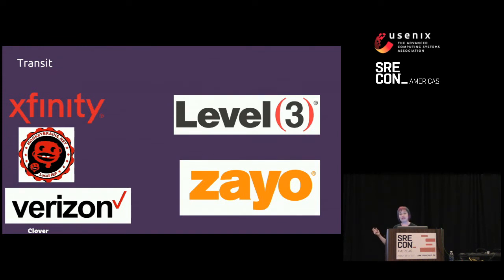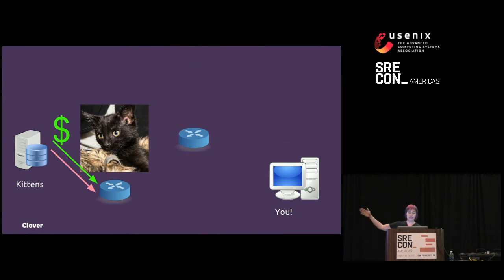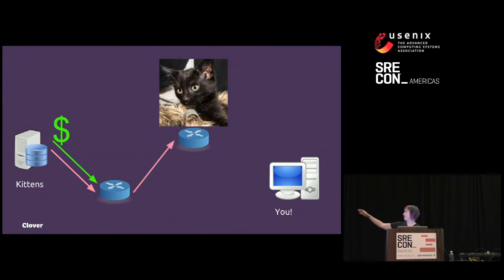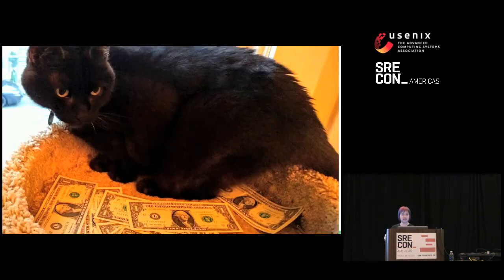But transit providers, being businesses themselves, also charge money. So in the kitten picture from before, the kitten server goes via their transit provider, which charges them money, goes to another transit provider, and then my home ISP also pays their transit provider money. So there's some costs for both providers. These costs can really start to add up.